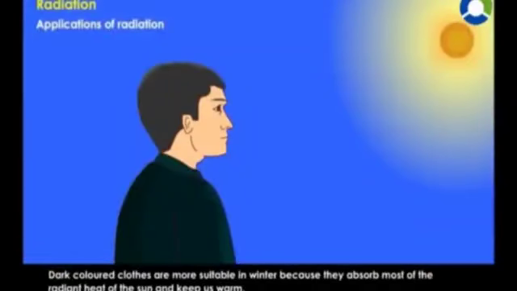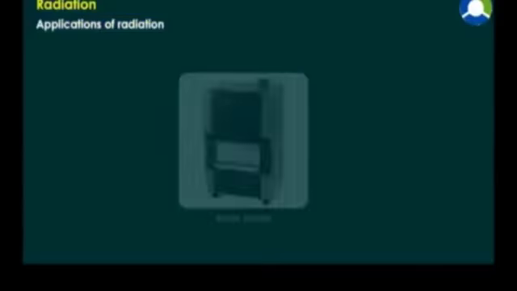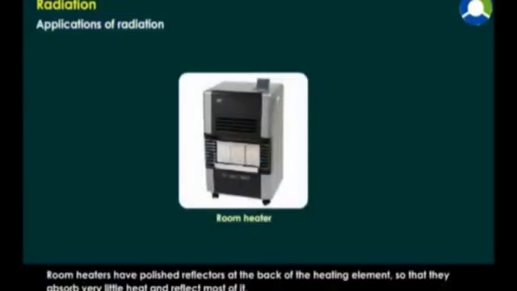Dark-colored clothes are more suitable in winter because they absorb most of the radiant heat of the sun and keep us warm. Room heaters have polished reflectors at the back of the heating element so that they absorb very little heat and reflect most of it.